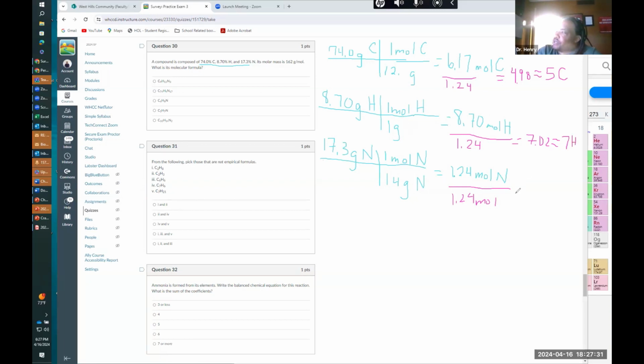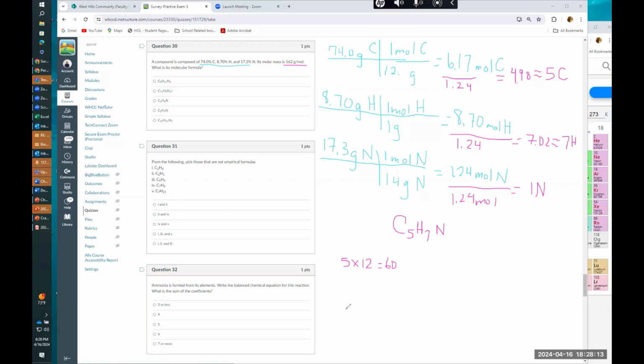And then that would just be 1, right? Yep. So our chemical formula should be C5H7N. So this would be our empirical formula, right? To get our molar mass, we use this here. Carbon weighs 12, so 5 times 12 is 60.